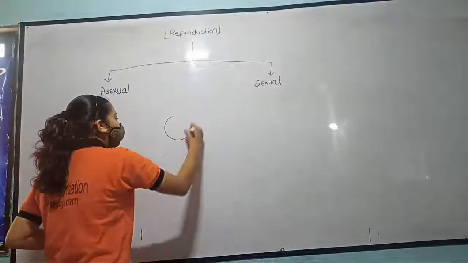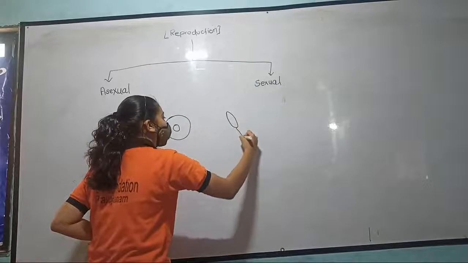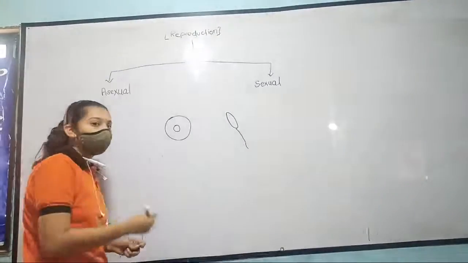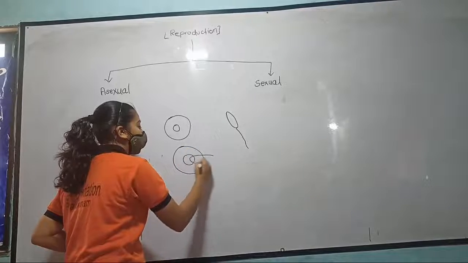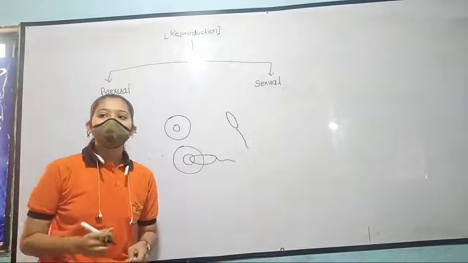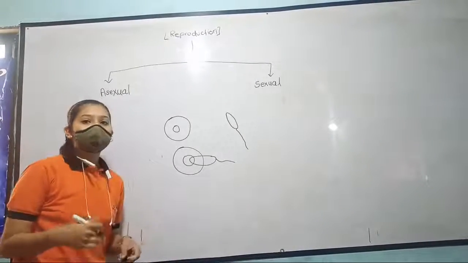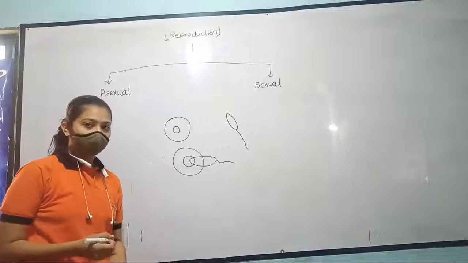Suppose this is an ovum and this is a sperm. The sperm travels towards the ovum, and they fuse to each other, and fertilization takes place.